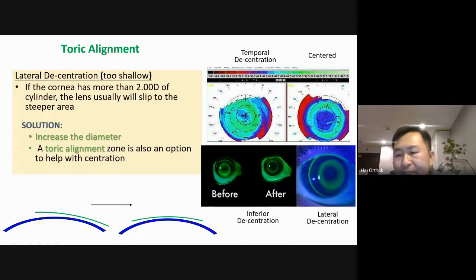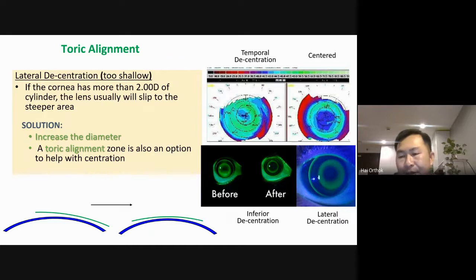And then we also have another problem with decentration, which is lateral decentration. There are many reasons for lateral decentration. The first reason is that the lens we choose has less toricity compared to the cornea. So we have to increase the toricity on the lens like this case in order to make the lens well centered. The second problem with lateral decentration is the lens being too big or too small. If this is the case, you move the lens to the center of the cornea and see the size of the lens on the cornea.